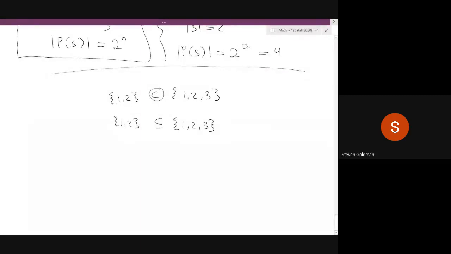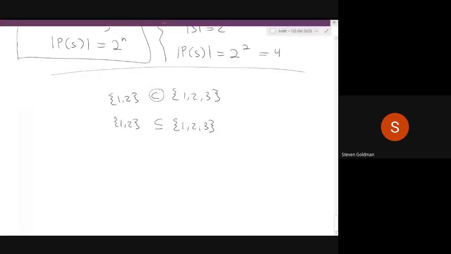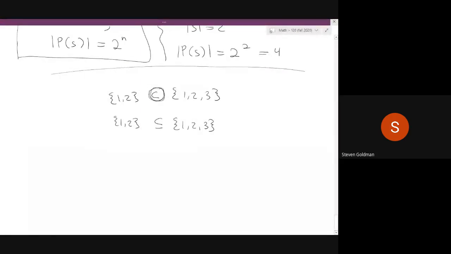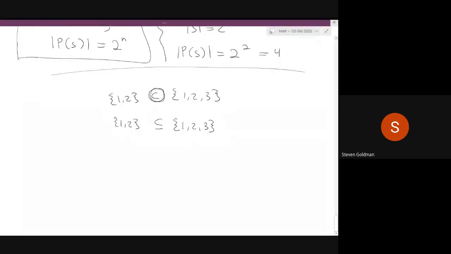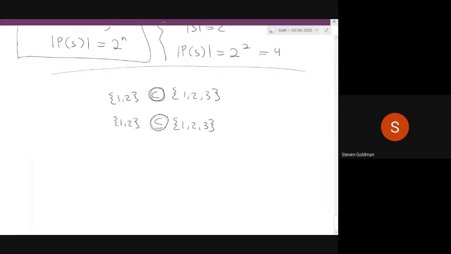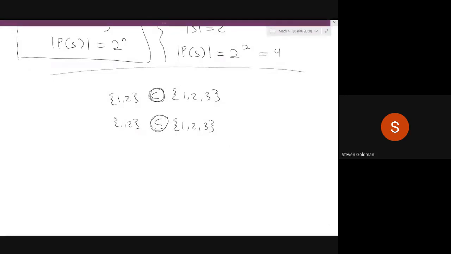Both of these are correct because this means subset. Proper subset means subset. This means subset or equal. So I can write it this way as well, as long as it's one of the two. If you still have some confusion about it, you can ask me again next class. I'll go over it again.